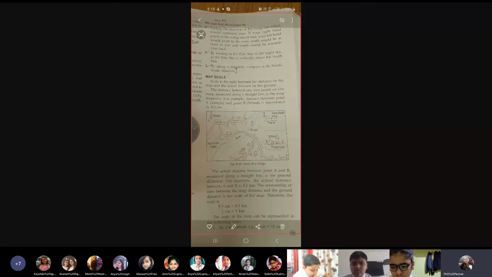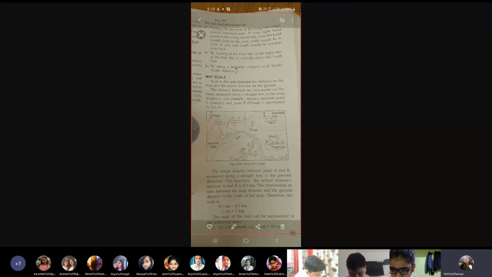North would be in front of you, and south would be towards your back. So, this is one way of finding direction. When you see the sunrise, you are able to find the direction. The face in front of you, which you are facing, would be your north, and your back side would be south.